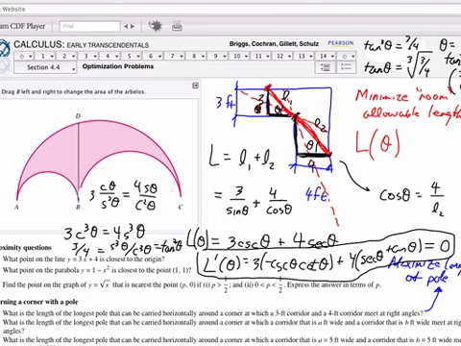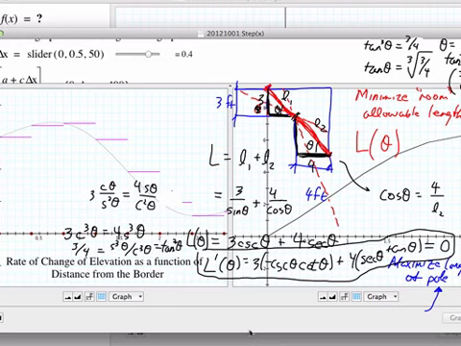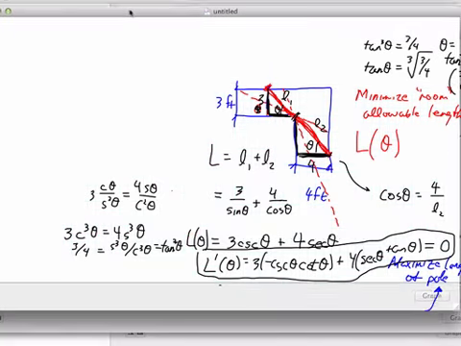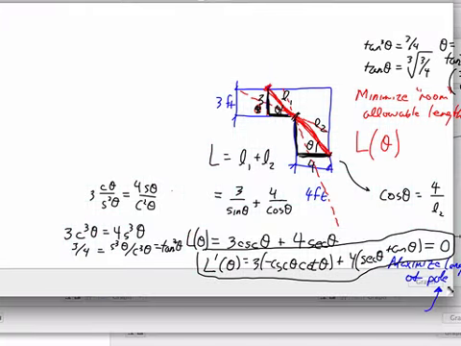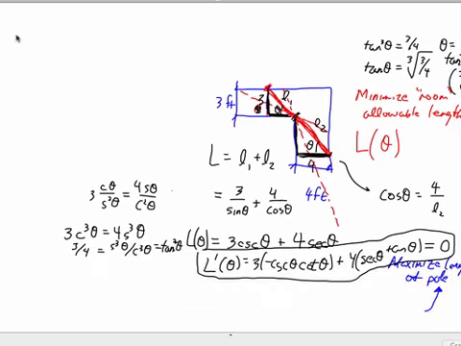Okay, so what is this? We want the arctan of 0.75 to the 1/3. I got 0.738. What does it mean?